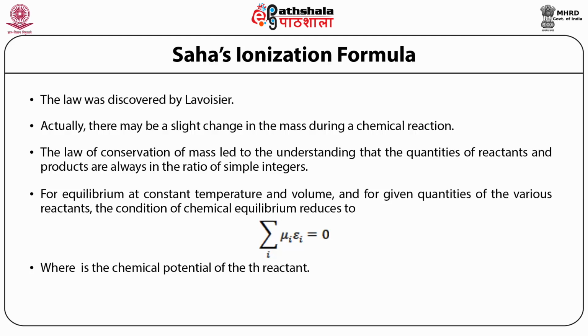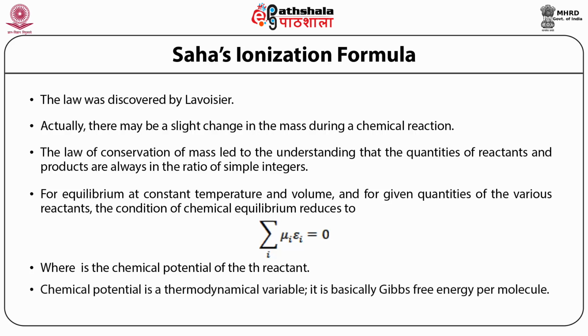A chemical reaction is an equation in which the reactants react together and give some output, which are the products. Chemical potential is a thermodynamical variable. It is basically Gibbs free energy per molecule. It turns out that the above equation is an essential condition for chemical equilibrium.